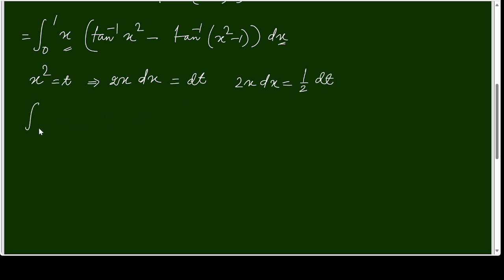The limits will be the same because I have taken x square as t, so 0 square is 0 and 1 square is 1. So this will be tan inverse t for the first term, and the second term will be tan inverse of (t minus 1), and the whole thing will be multiplied by half dt, so I can take half outside.